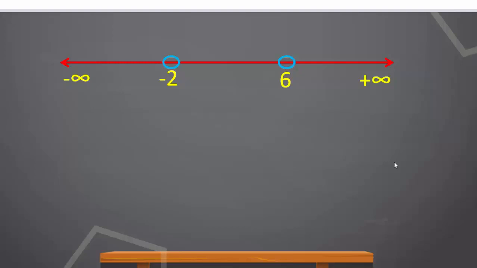We have now a number line which was divided into 3 regions. These 3 regions are called the test intervals. We have the first test interval, all possible values of x lesser than negative 2. That is between negative infinity and negative 2.